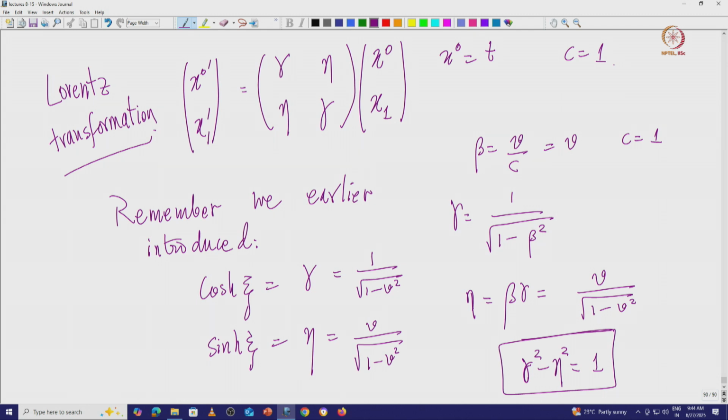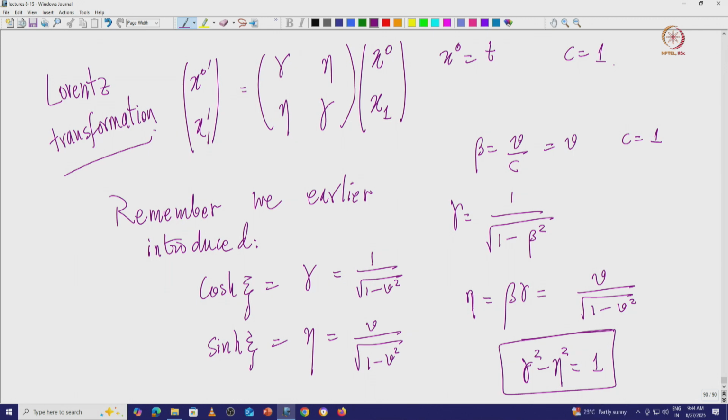So 1 minus v square by 1 minus v square becomes 1 essentially. Now the important point is that you can write it in terms of 4 dimensions. We can write in terms of 4 vectors. That's what we normally do.